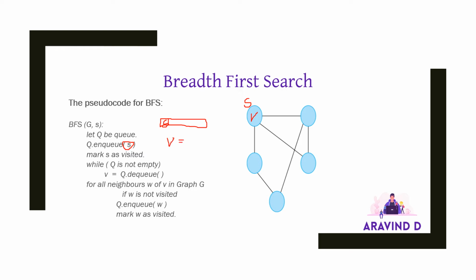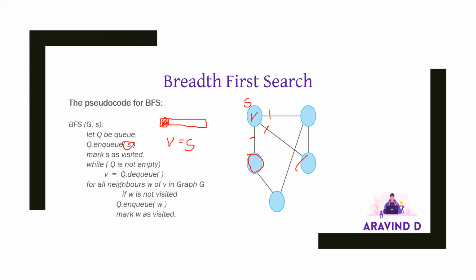So while dequeuing in this queue, v is going to be s, and then for all the neighbors w of v in graph G, that is, these immediate adjacent nodes are the neighbors of s. First let us take this node. This is not visited, right? So we are going to insert this node.